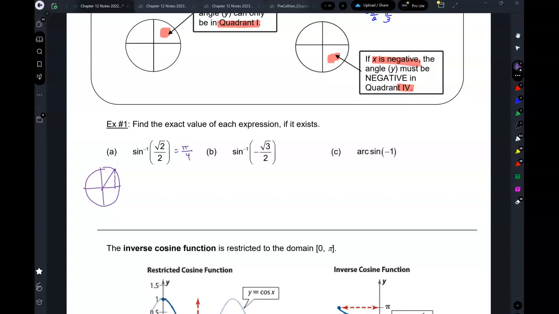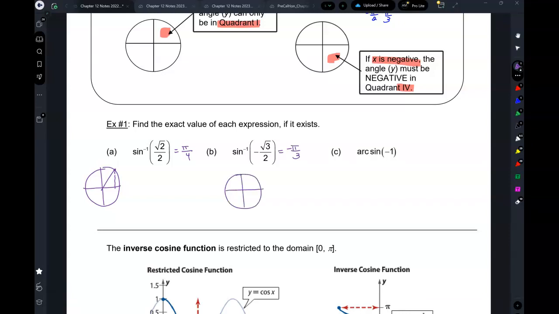Okay, so inverse sine of negative root 3 over 2. So now we want the angle for which the y value is negative root 3 over 2, right? So for what angle is sine negative root 3 over 2? It's negative pi over 3.